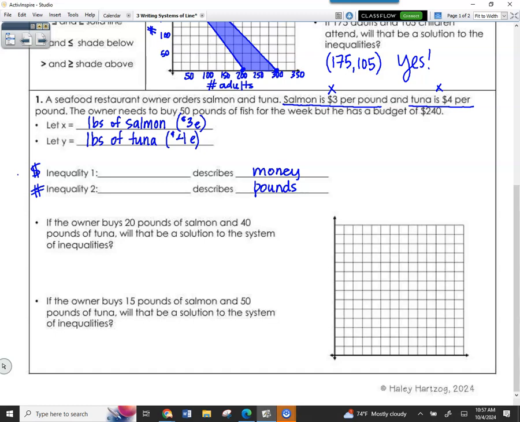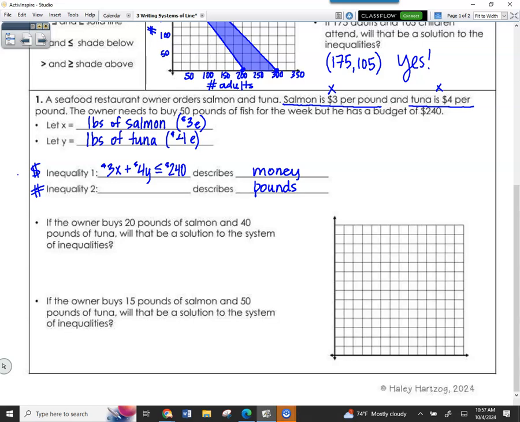All right, so what was your money inequality? 3x plus 4y. He has a budget of 240. Can he spend 240? Yes. What else could he spend? Less than. I told you the money one's the easiest.